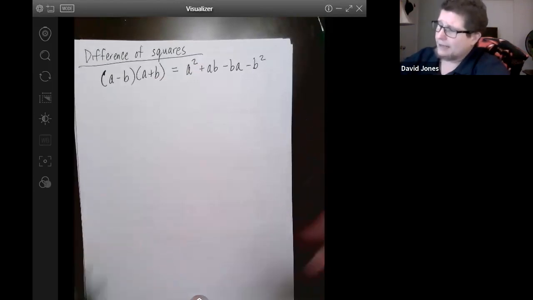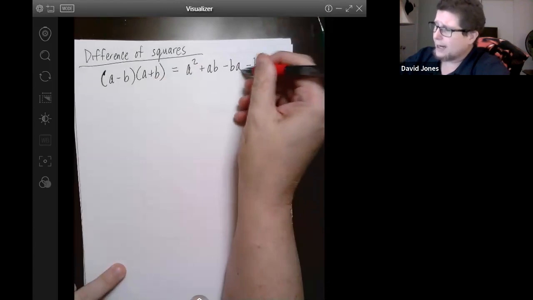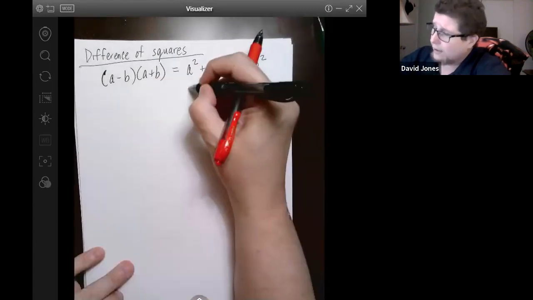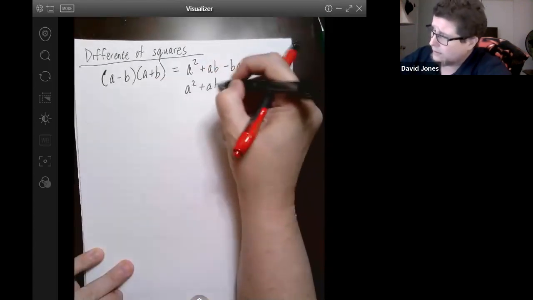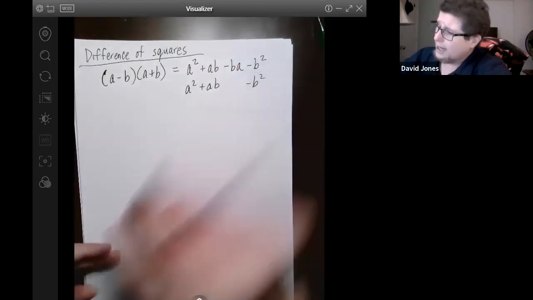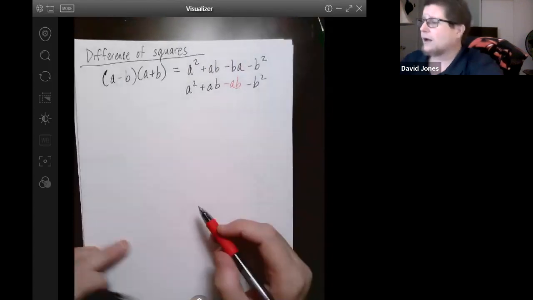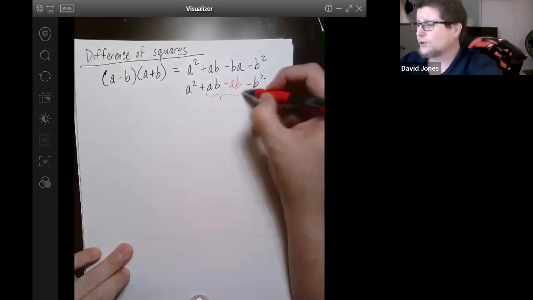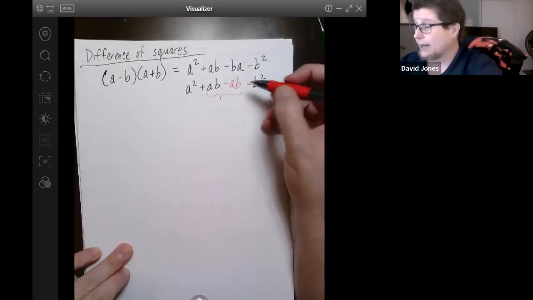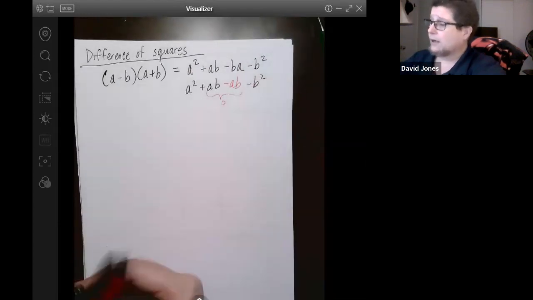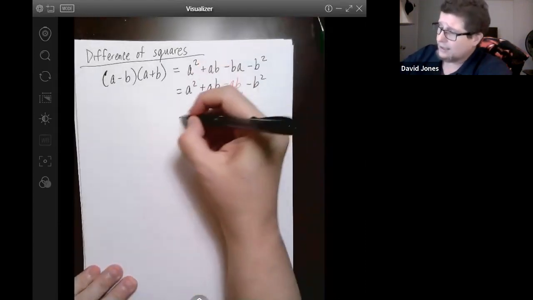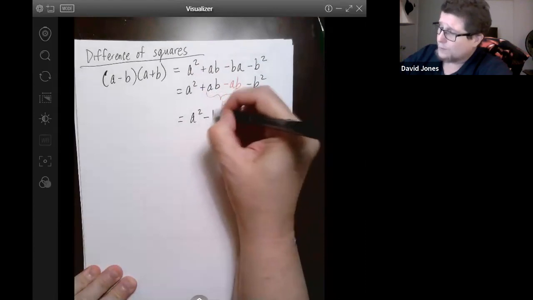I can rewrite this though. When things are multiplied, I can change the order. Let's put the a before the b. And now notice these two, ab minus ab, go away. And this simplifies down to a squared minus b squared.